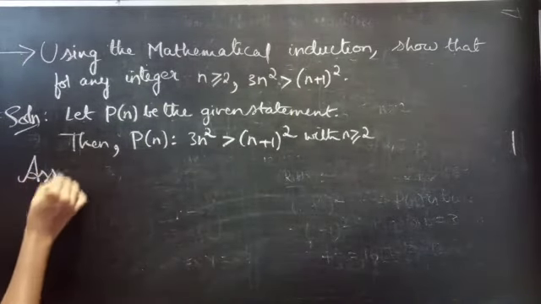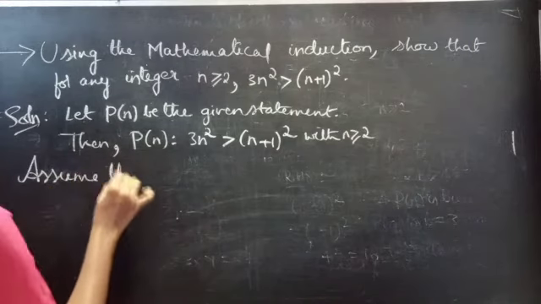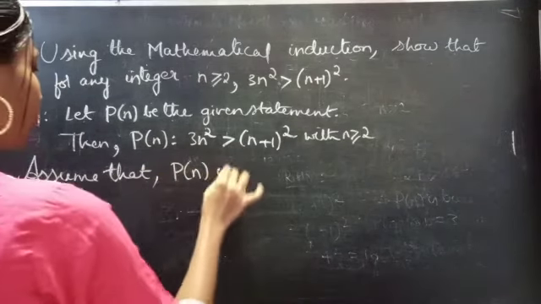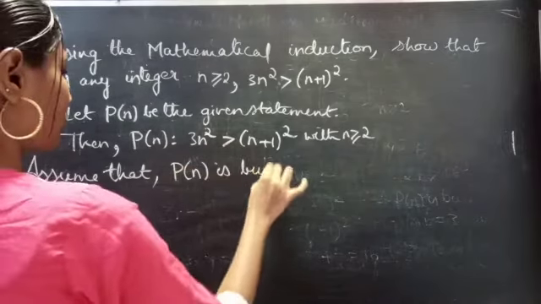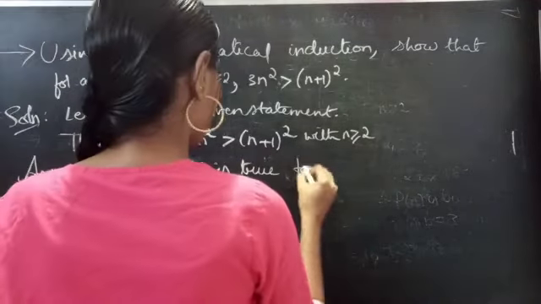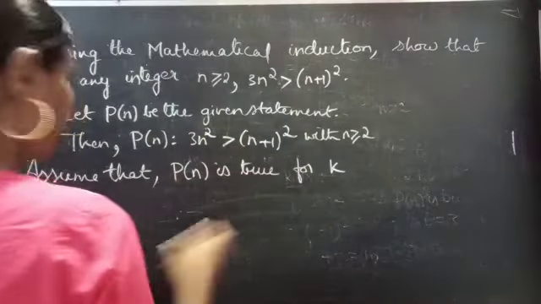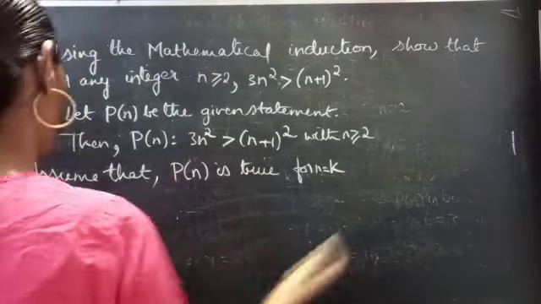Now assume that P of n is true for some k, that is for n equals k.